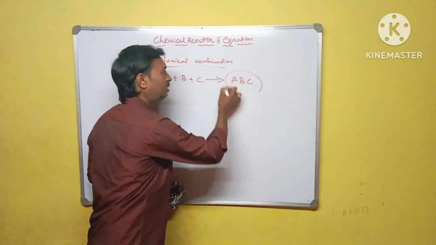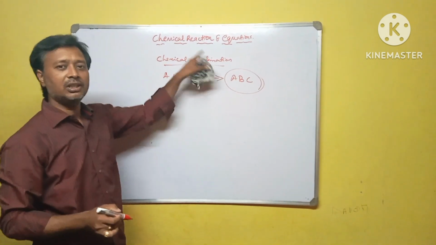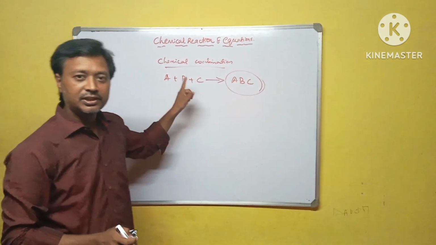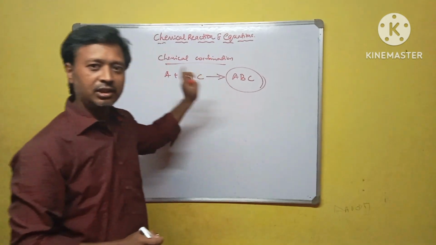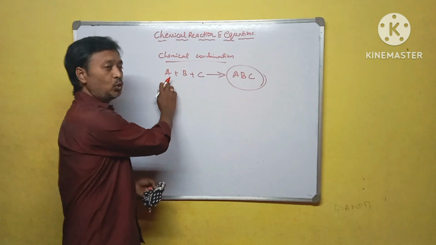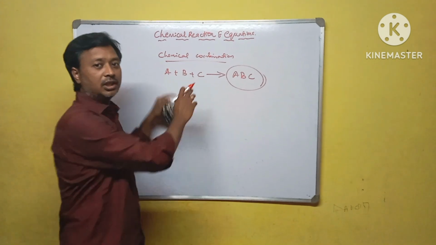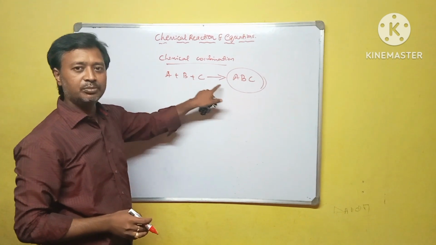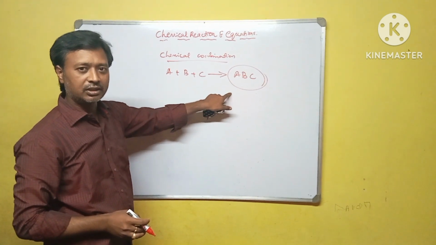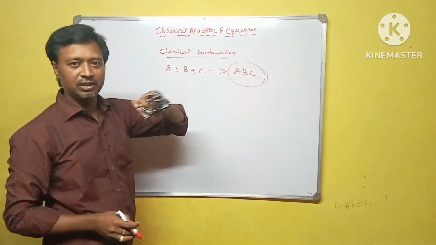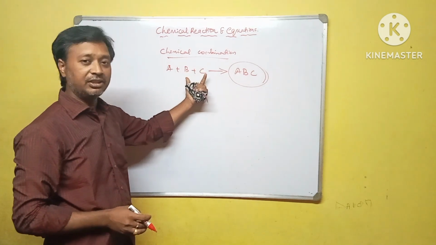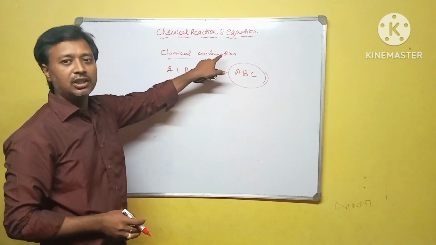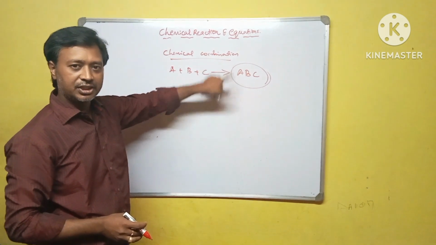If we get a single product, then it is a chemical combination reaction. Reactants may be plenty, but the product will be one. Such a reaction is called a chemical combination reaction.